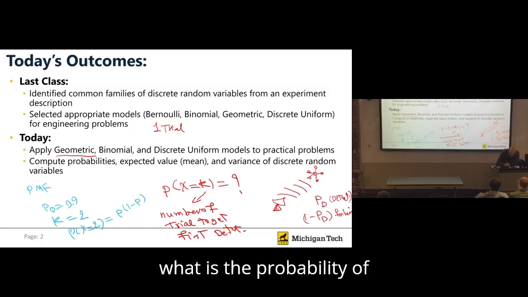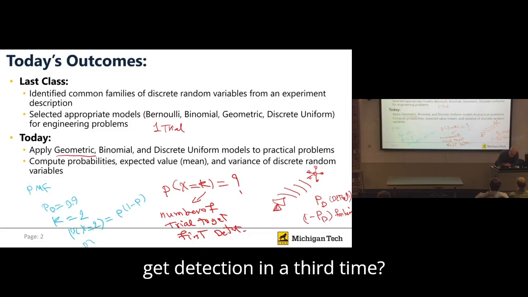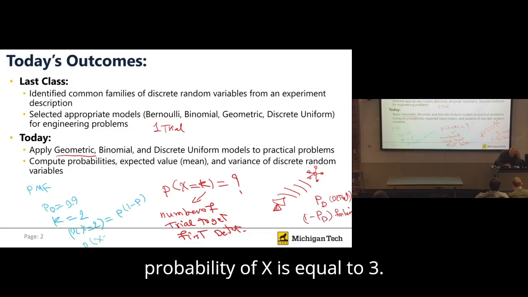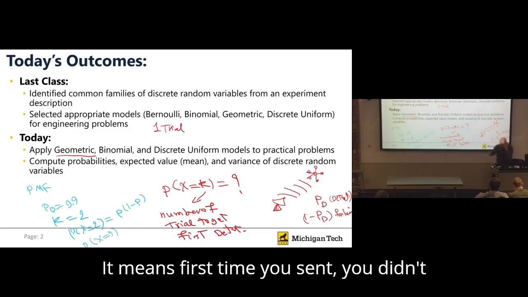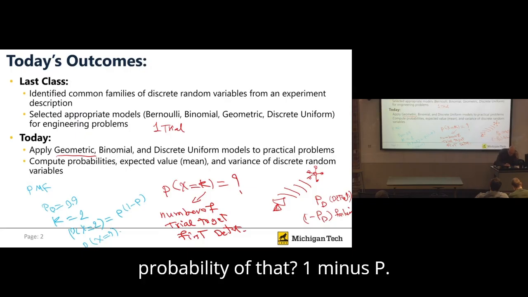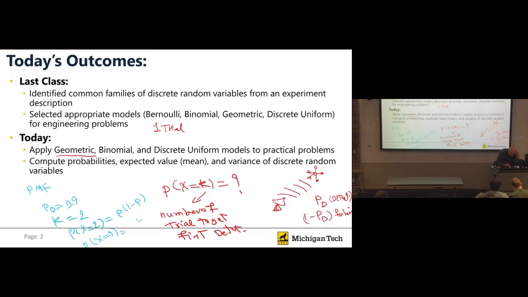If I say what is the probability of getting detection the third time, so the probability of X equals 3. It means the first time you sent, you didn't get detection. What is the probability of that? 1 minus p.